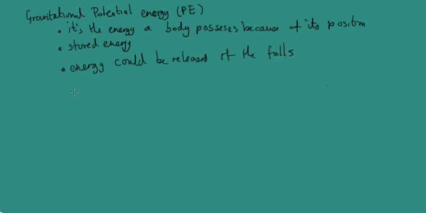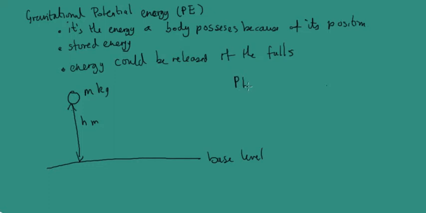So say we had some mass, and here's our base level, which in most cases is going to be the ground, and that body has some mass in kilograms, and it's a height h meters off the ground, off the base level.